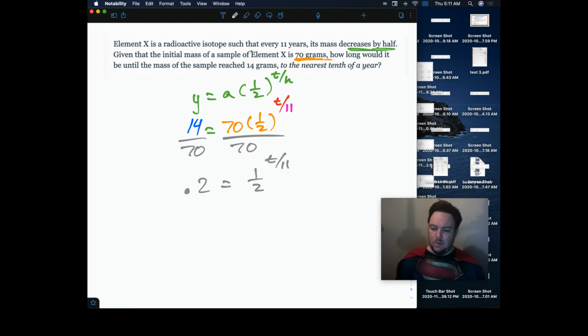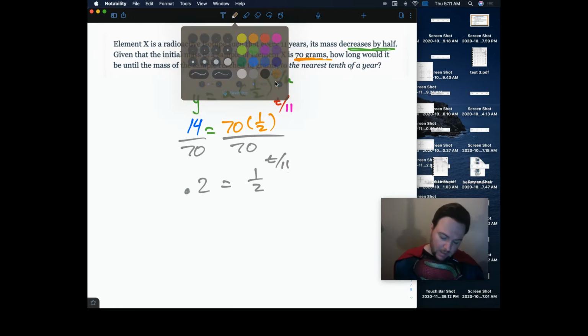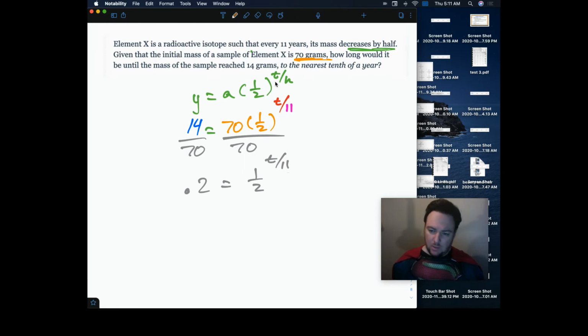Okay, so this is where it gets really interesting because we have to get rid of the 1/2. In order to do this, we have to use logs. What they do is they use log base 10. What I like to do is use log base 1/2.